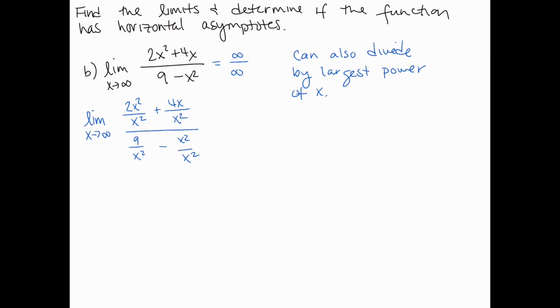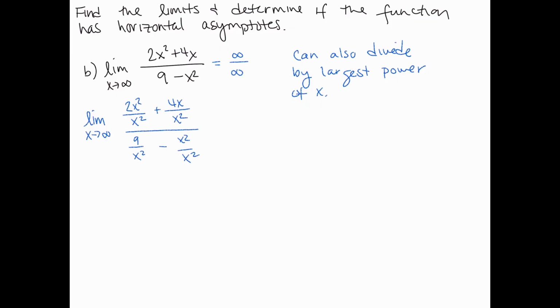Again, if we try to plug in the infinity, we end up getting infinity over infinity. And so we are going to use the same approach. We're going to divide everything by the largest power of x. Once again, the largest power of x is x squared.